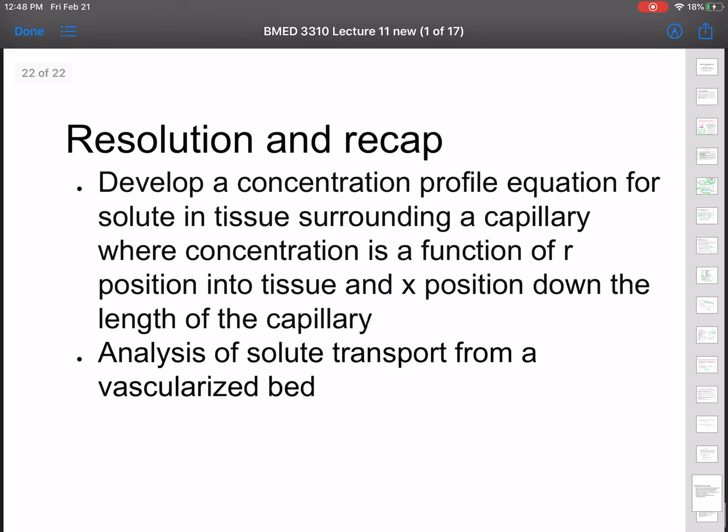Yes. So what did we do today? Well, we looked at a way to find a concentration profile, the equation for concentration in the tissue surrounding a capillary, or some other kind of tube. It doesn't have to be a capillary.